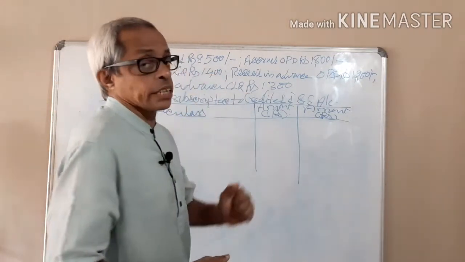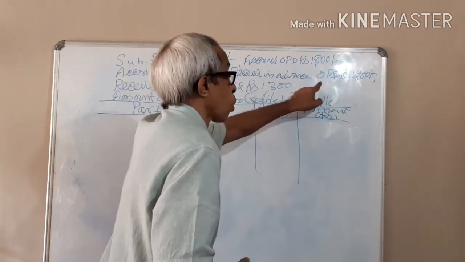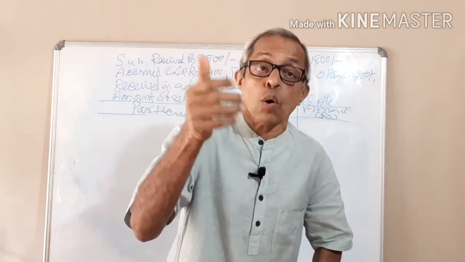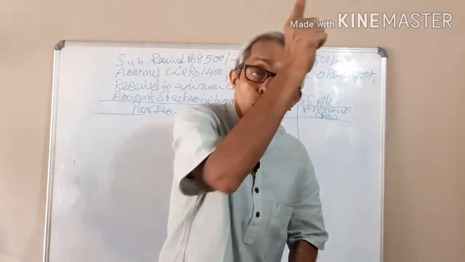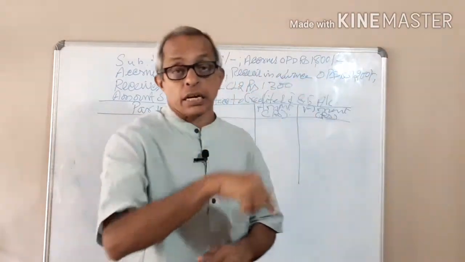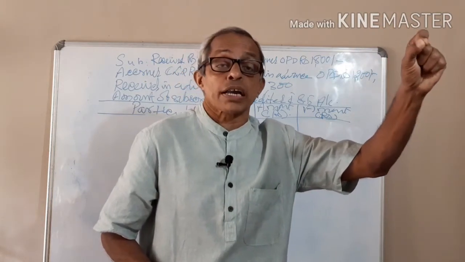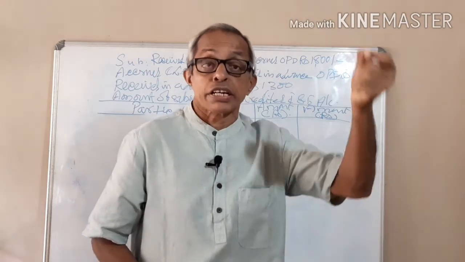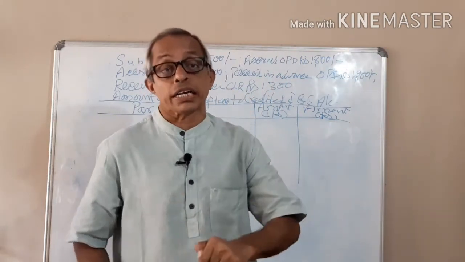And the next adjustment is subscription received in advance on opening date. Subscription received in advance on the opening date means subscription received in advance on the closing date of the previous year. That much amount of subscription does not belong to the previous year but belongs to current year.